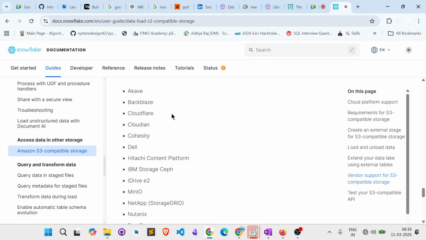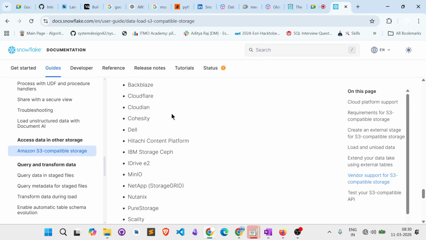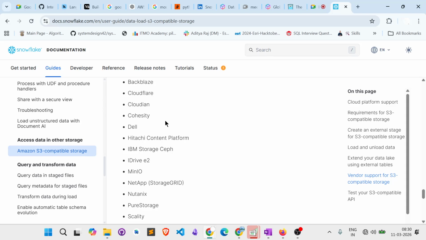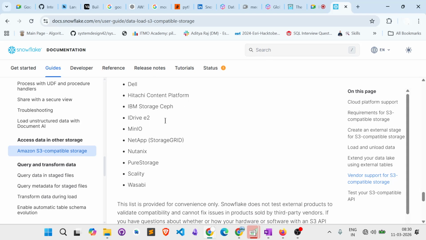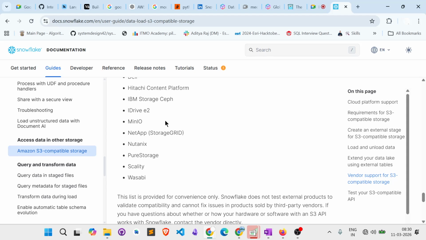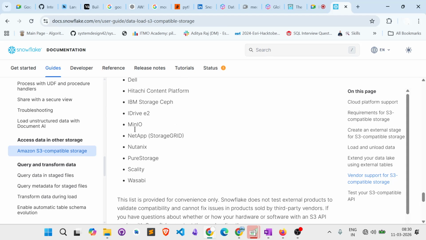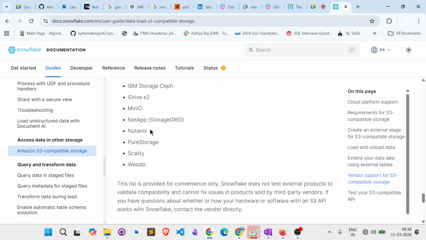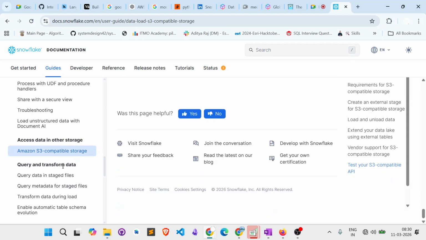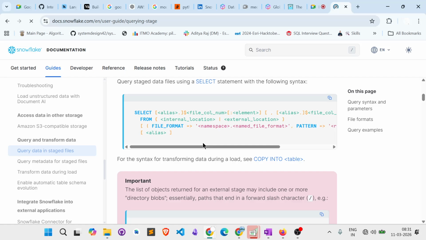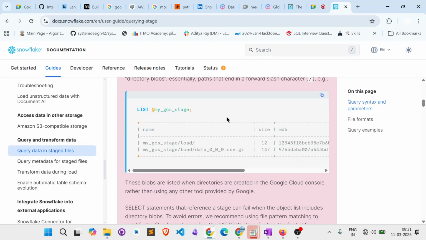In the upcoming future, Snowflake demand is increasing, so the skill set that you are acquiring here will help you in future jobs as well. Nutanix, NetApp, these are big tech, Hitachi, all these companies are using Snowflake technology. So query data, all the things you can see, and we will also see in our project how to perform all these queries.